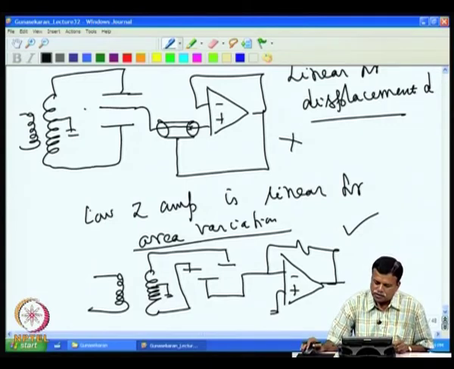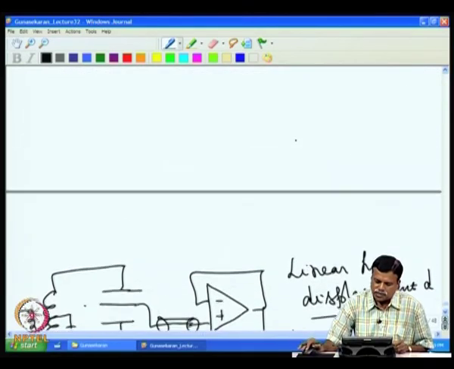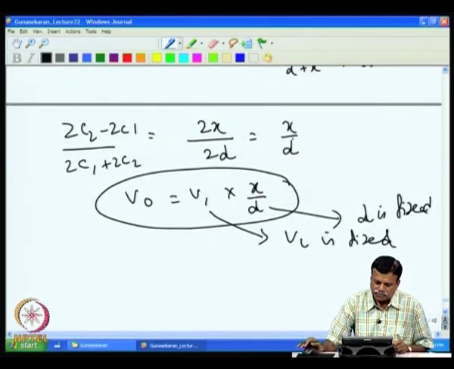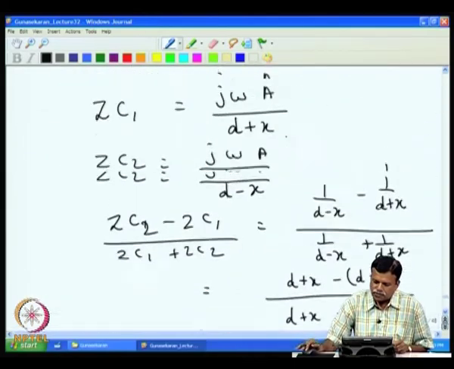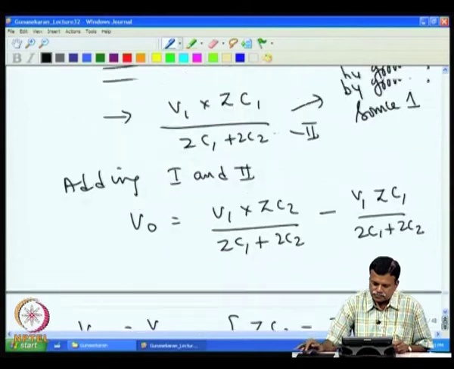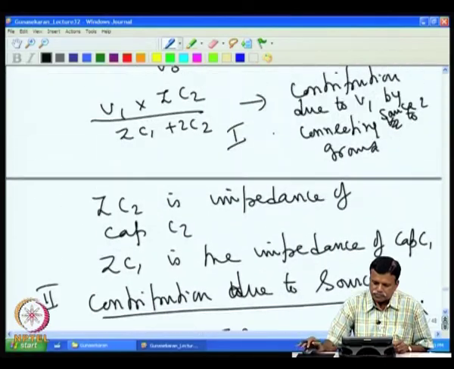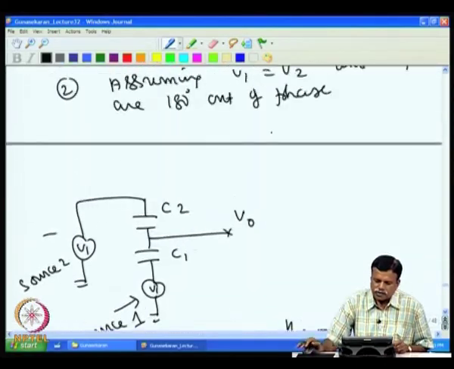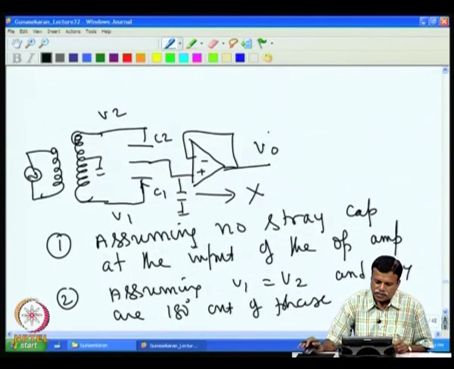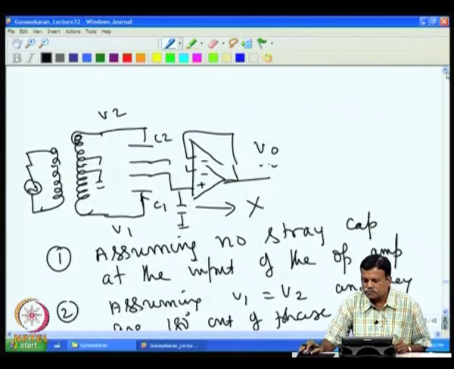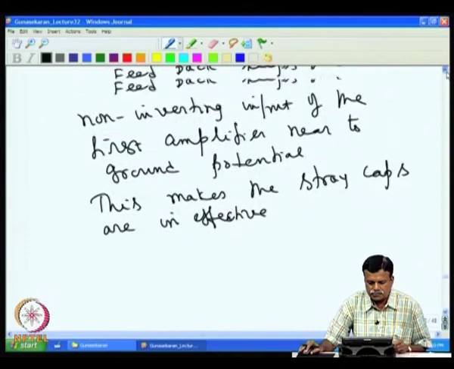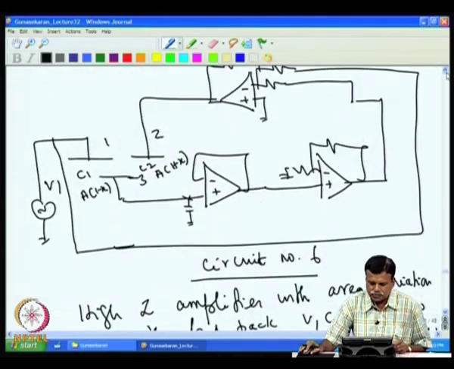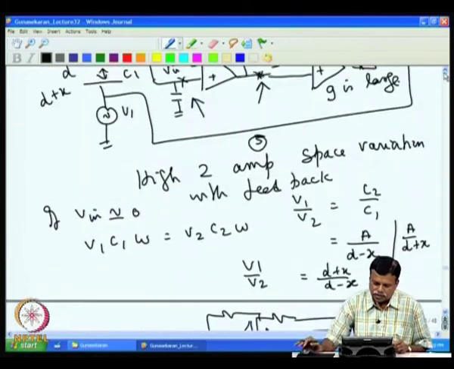Now, what is remaining is circuit number 6. What is the effect of circuit number 6? Actually, circuit number 4. Circuit number 6 we already discussed.